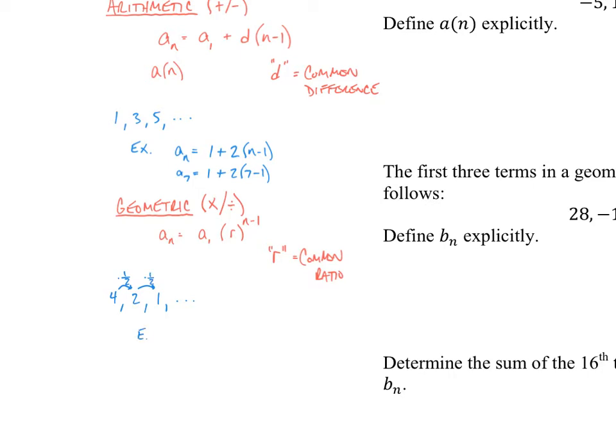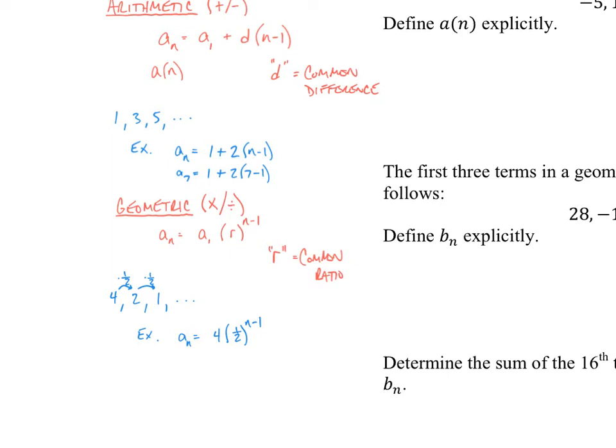So my example of an explicit definition for this sequence would be a sub n, or a of n if you wanted to, and my first term is 4, my common ratio is 1/2, and my exponent is n minus 1. So now it's explicitly defined, and if I want to find the 18th term, I can just plug in 18 for n, and it'll give me that.